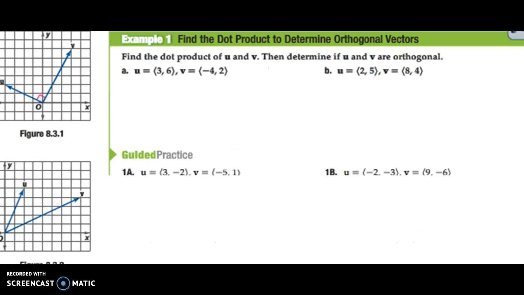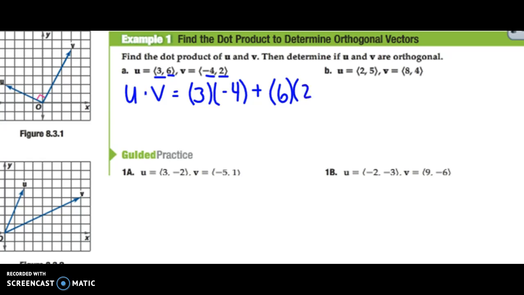So if we look at this example right here, it says find the dot product of U and V, then determine if U and V are orthogonal vectors. So U dot V is going to be equal to A1 times A2, so 3 times negative 4, plus 6 times 2.